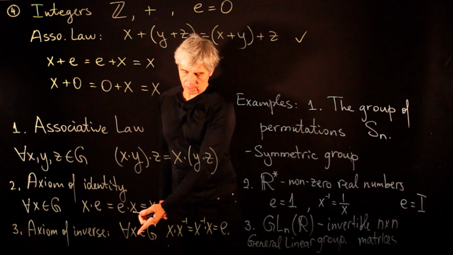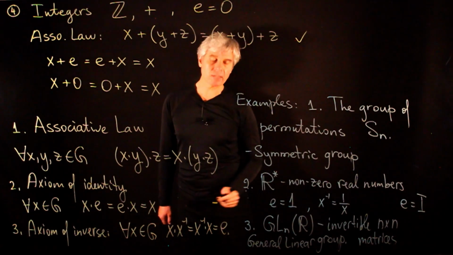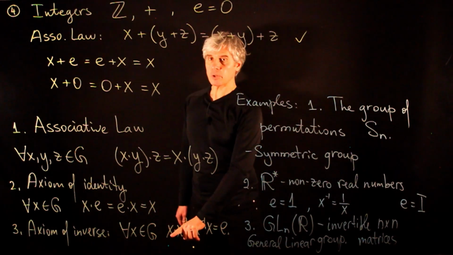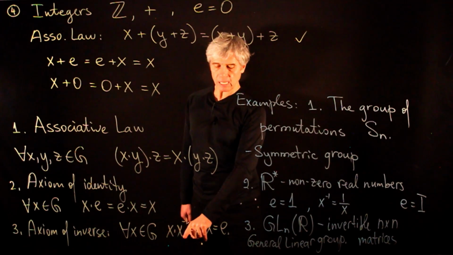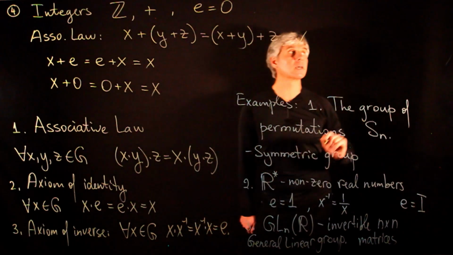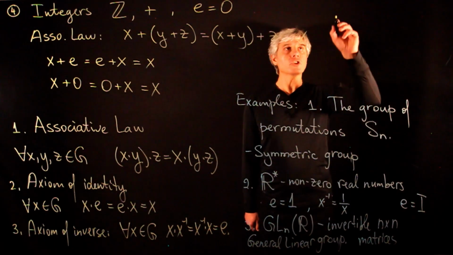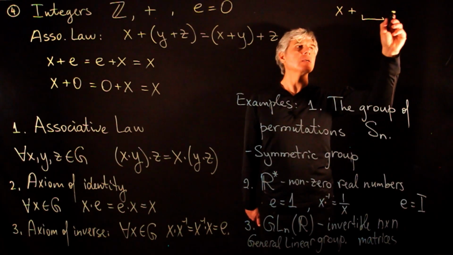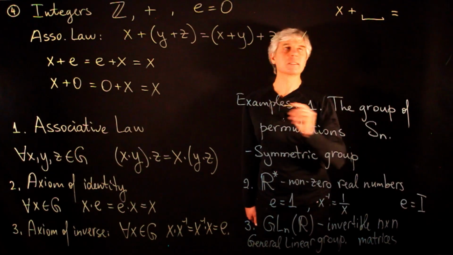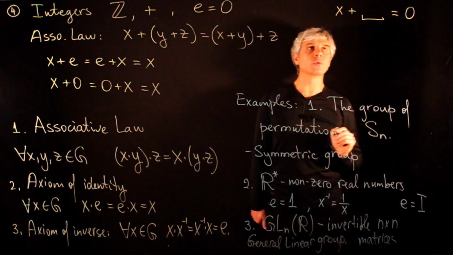So let us write down the axiom of the inverse. This axiom says that when we take the product of x with its inverse, then we get the identity element. So now, what should we take as an inverse to have the following? x plus something is equal to the identity element, which in our case is 0.